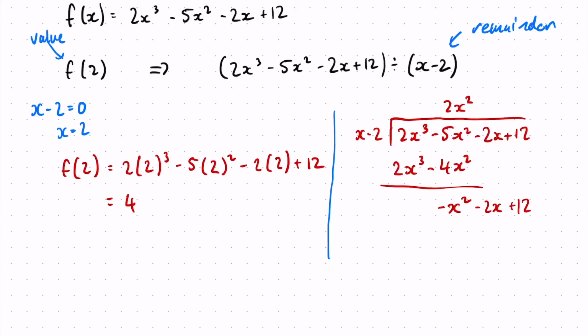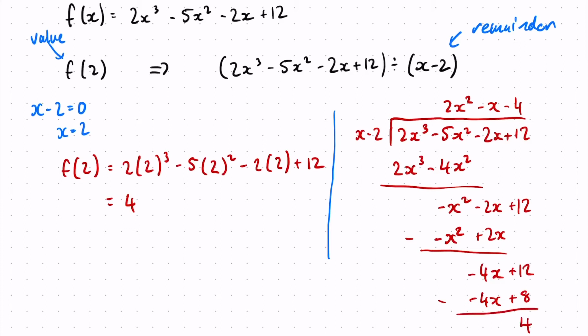I need to multiply x minus 2 by minus x, so that's minus x squared plus 2x. Take it away from each other, that leaves me with minus 4x plus 12. To get rid of minus 4x, I need to multiply by minus 4, so I'm going to get minus 4x plus 8. Take those two away from each other, remainder 4.